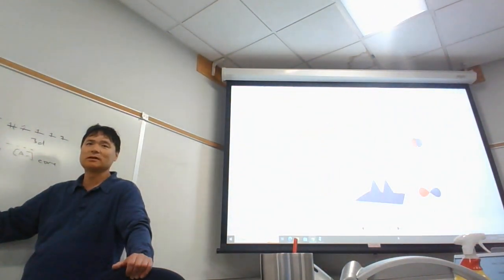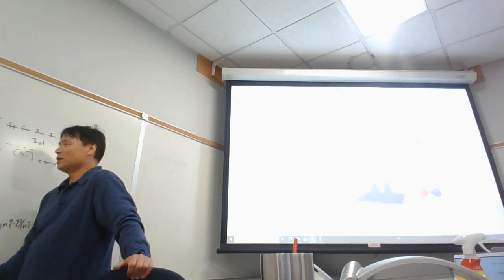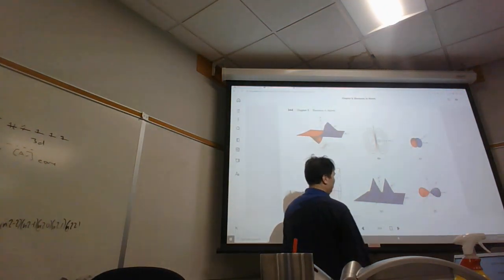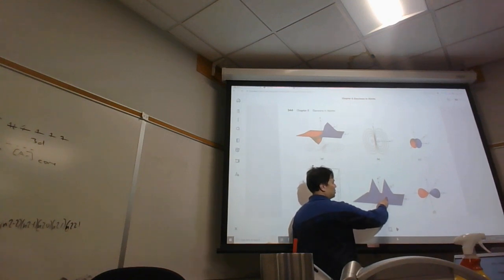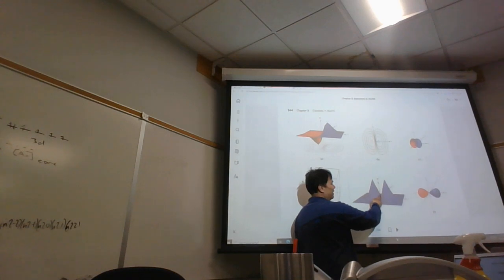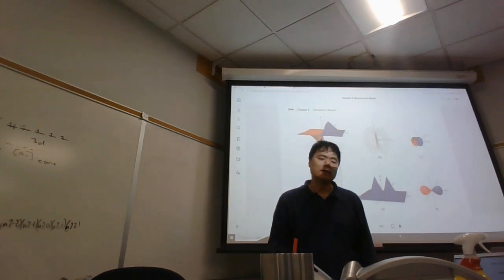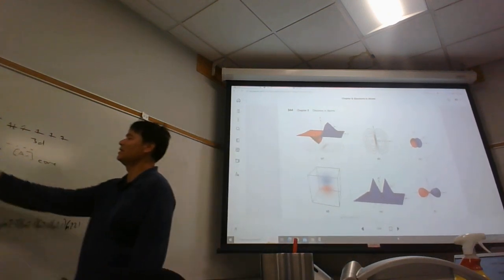Does that make sense? That's penetration. And penetration is just simply looking: if a p orbital sneaks in and tries to get close to the nucleus, how close can it get? Can it get all the way to the nucleus? No. And so that means the p orbital can only make it, let's say, this far.